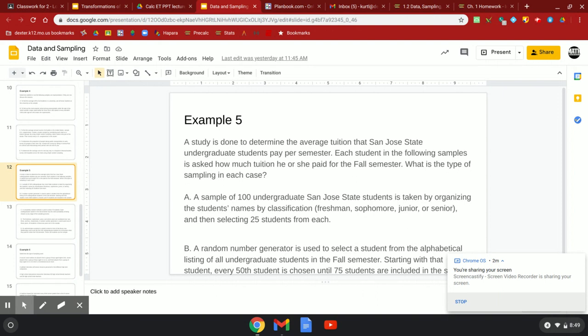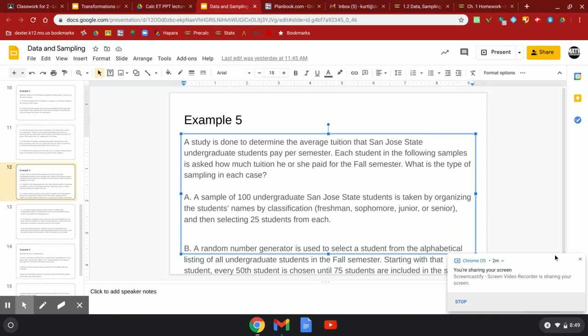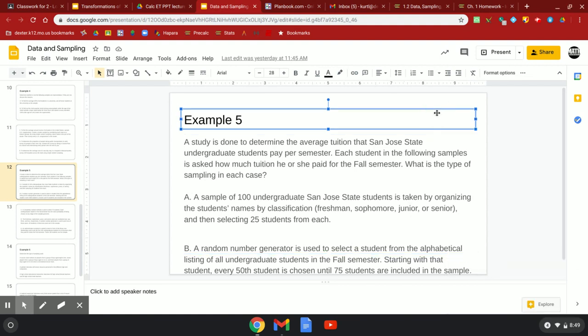Okay. Part B, a random number generator is used to select a student from the alphabetical listing of all undergraduate students in the fall semester. Starting with that student, every 50th student is chosen until 75 students are included in the sample.